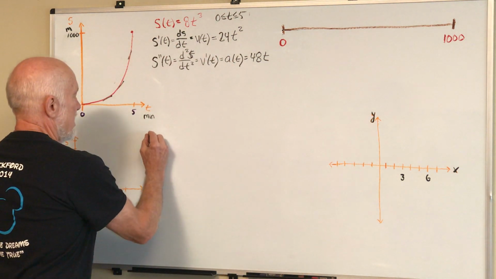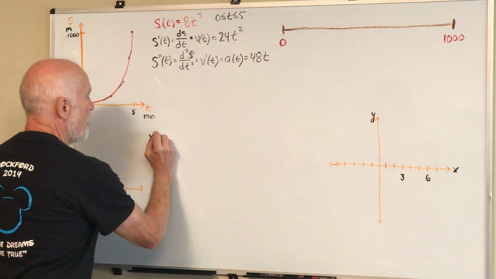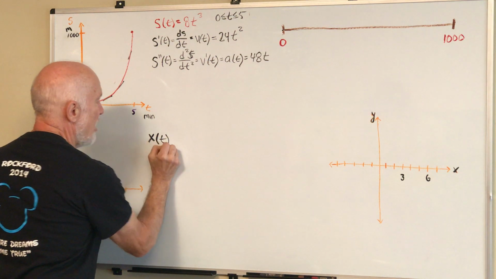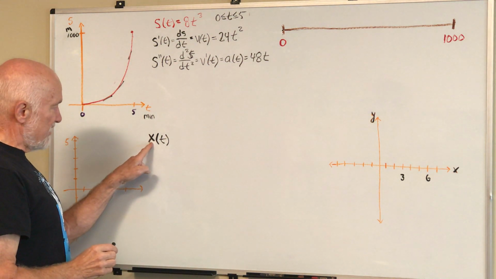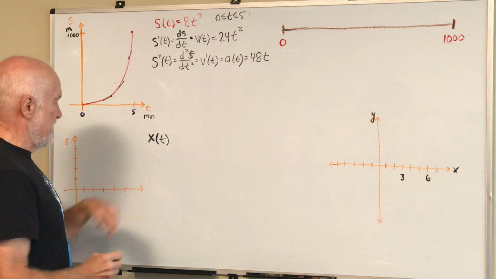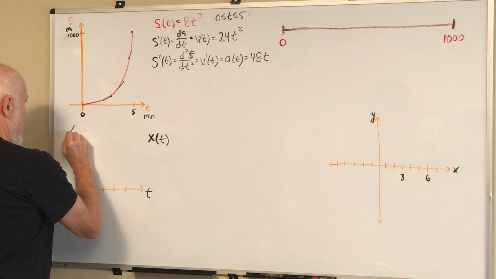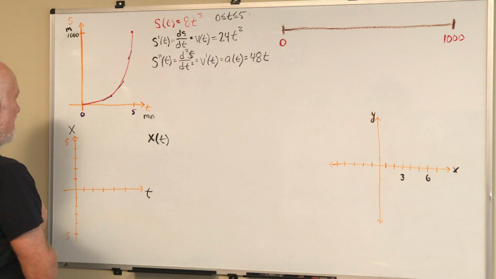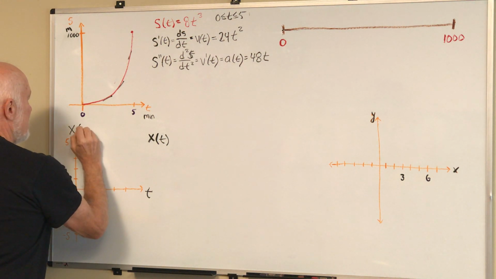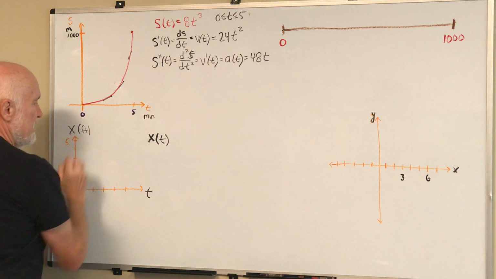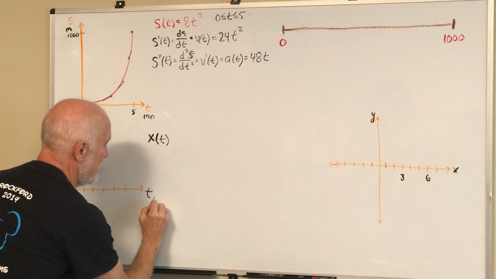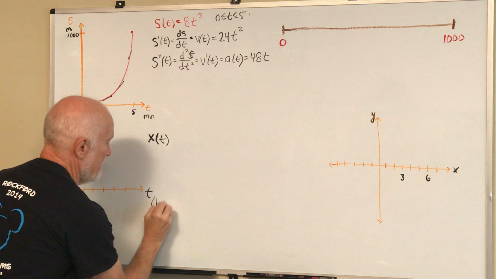So, since it's moving along the x-axis, I'm going to call the position along the x-axis x of t. So t is going to be our independent variable, and x is going to be the position. And we're measuring the position in feet, and we're measuring the time in hours this time.